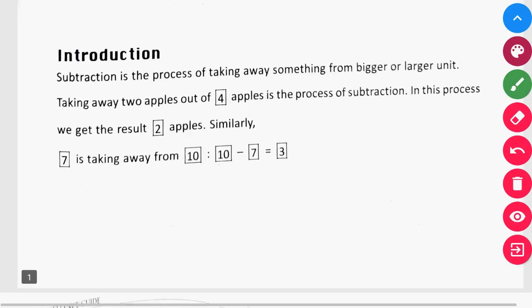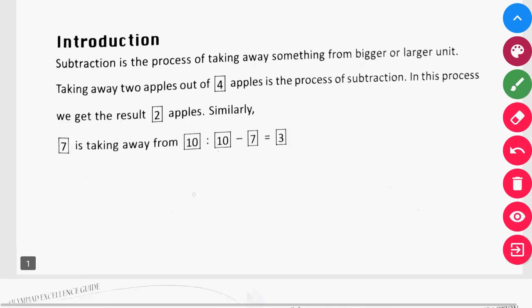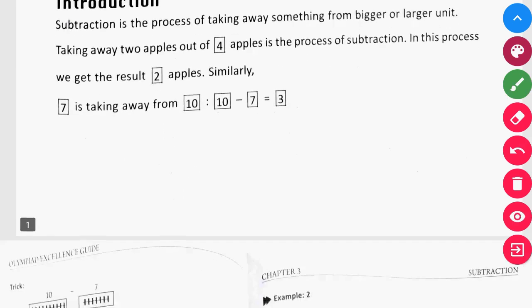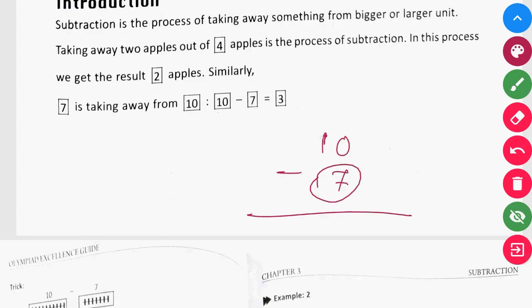Now when we are going to subtract two numbers from each other, if the number being subtracted is smaller than the number, then we can easily subtract it. For example, 10 minus 7. Here 7 is smaller than 10, so we can easily subtract 7 from 10. So what we are going to do here, we will draw the bar lines again.